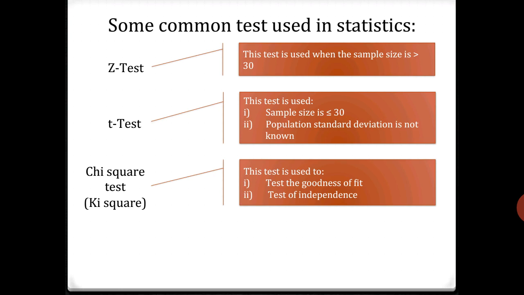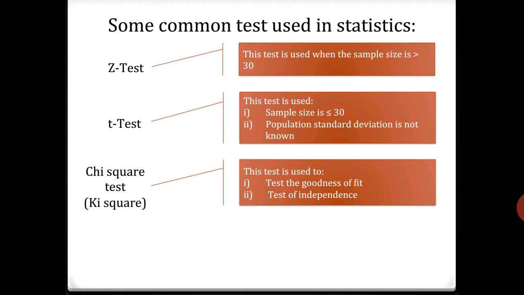The next one is very important, which is the chi-square test. This test is used to test the goodness of fit for a particular case study or process. The second use is the test of independence, the independence of the number of variables present in the data.